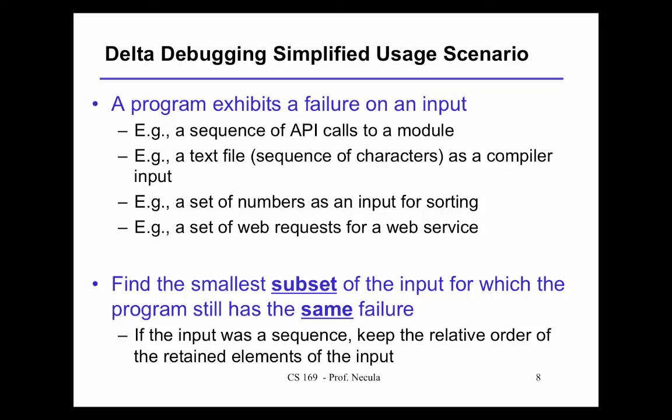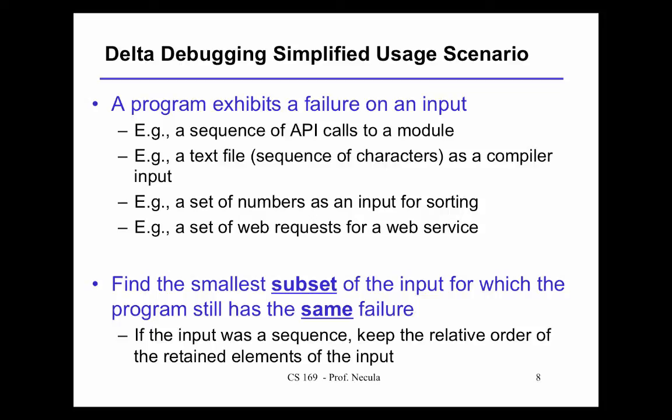So one very common trick that you do in delta debugging to turn a sequence into a subset: you take every element of the input and you give it a number, an index in the sequence. Okay? And then you say, my input is the set of indices of these events that constitute my real input.